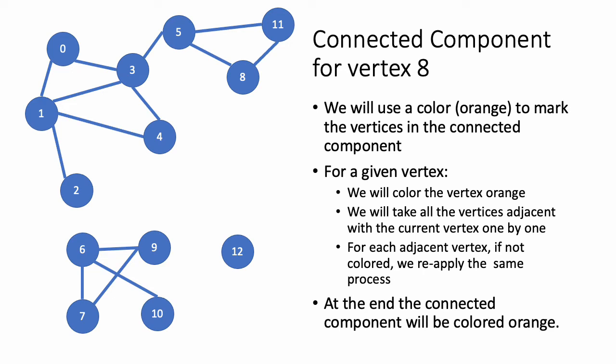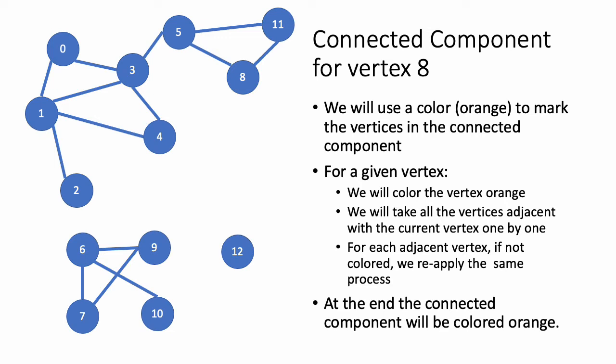And to do so, we'll use a color, for instance, orange, to mark the vertices in the connected component. So initially all are blue, but as I build connected components, I want to mark all the elements that I discover as belonging to the connected component. Sure, in programming, I can have an array of flags that will easily do this trick.